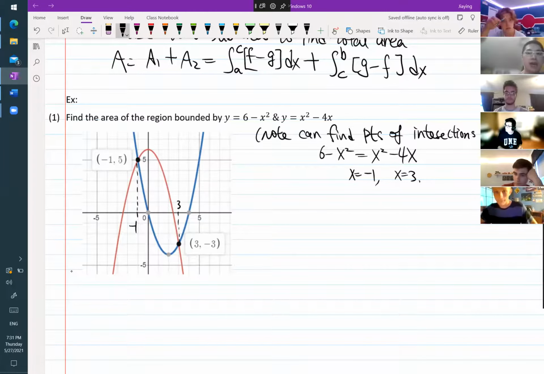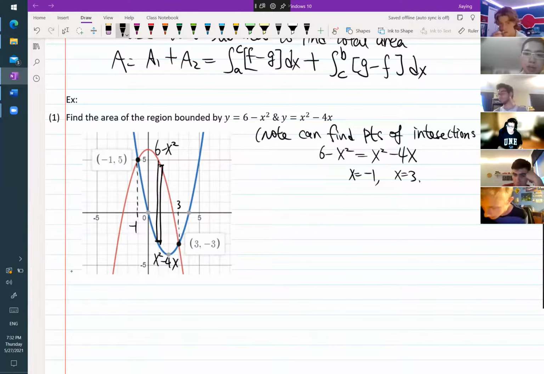So we're looking for the area bounded between them. And between them, this function, 6 minus x squared, is always higher than the blue line, which is x squared minus 4x. So I'm going to draw a rectangle here, just to get a visual.